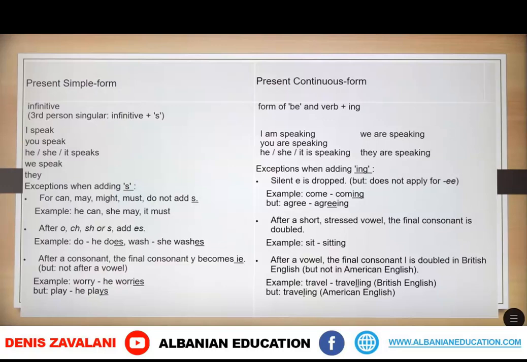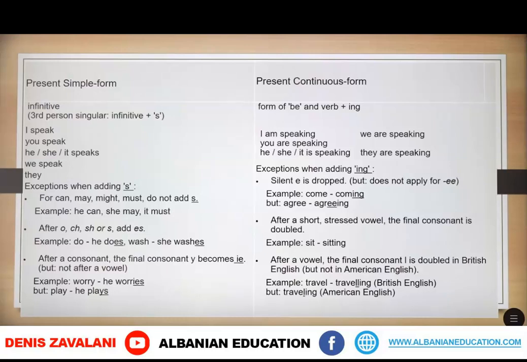If the verb ends with a consonant and y, before we add s, the y changes into i. For example, worry, worries. Hurry, hurries. But if the verb ends with a vowel, y doesn't change. We just add s, like play, plays, stay, stays, etc.